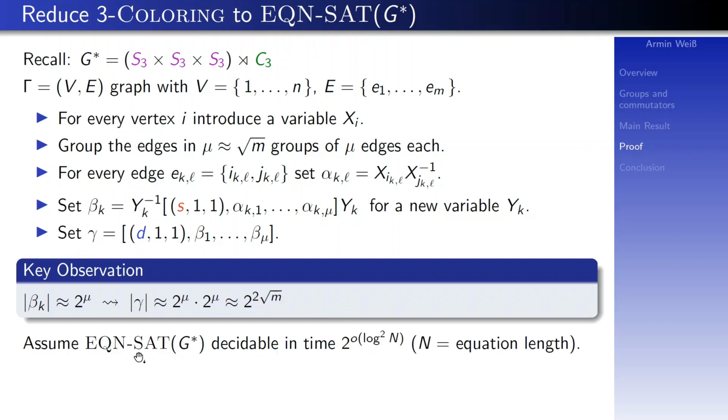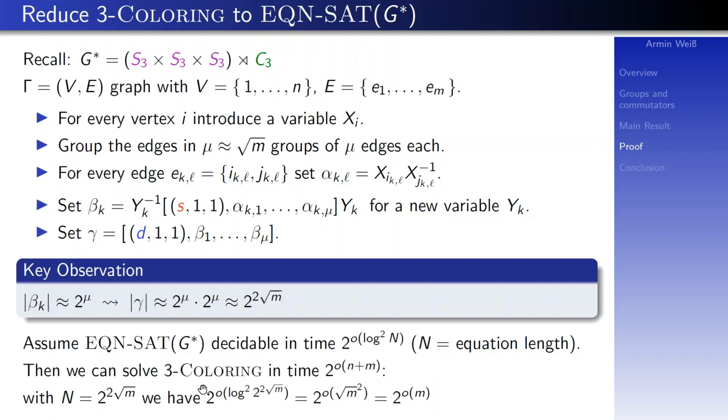And now we can construct a contradiction to ETH. So assume equation satisfiability is decidable in time 2 to the little o of log square n, where n is the length of the input equation. Then we can solve 3-coloring in time 2 to the little o of n plus m, because we just plug in n equal 2 to the 2 square root of m. That's just this size here. So we just compute the reduction, and then we just have to do the math here. 2 to the little o of log square times 2 to the 2 square root of m.